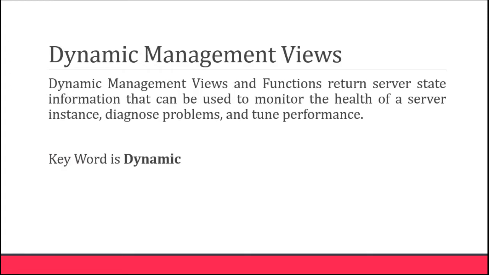And then we came down to talking about dynamic management views, and we said that the key word in this kind of objects is the word dynamic. They have to do with transient states.